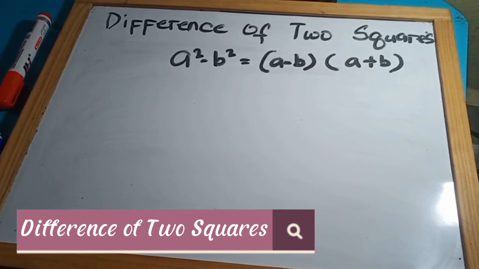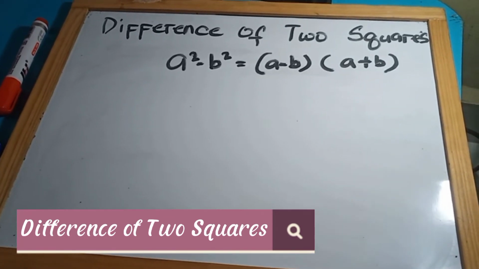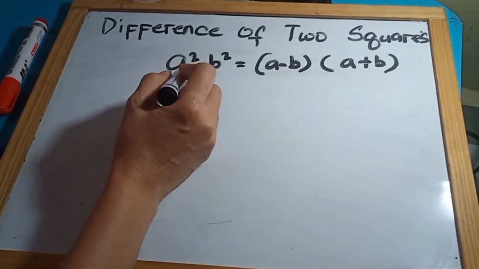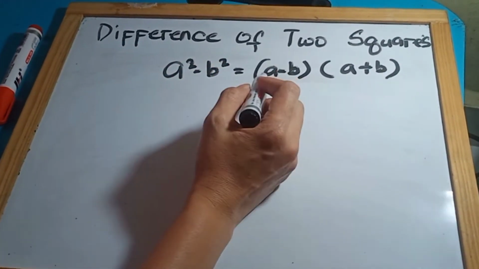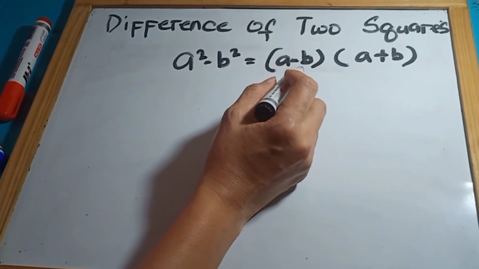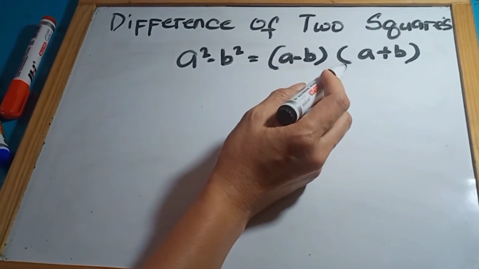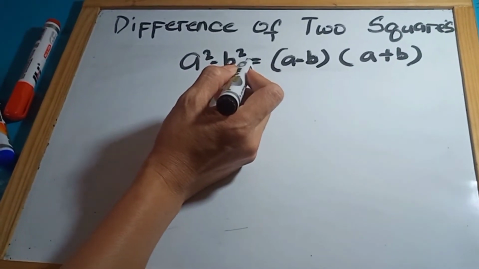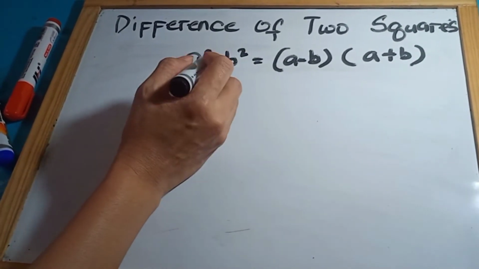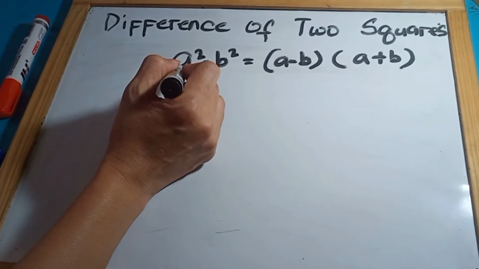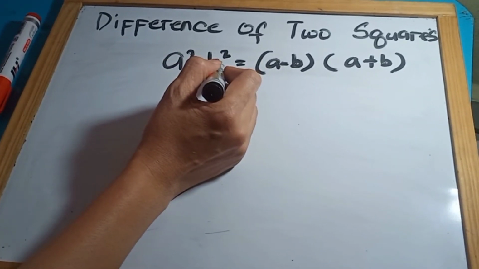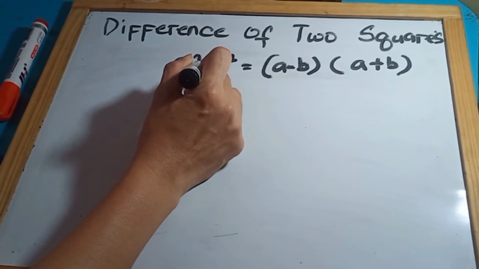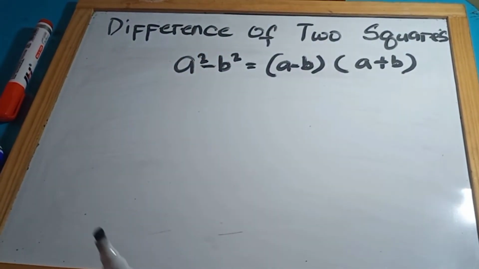Alright, so let's now proceed to the difference of two squares. So, yung formula ng difference of two squares is a squared minus b squared is equal to a minus b times a plus b. So, paano natin malalaman na it is a difference of two squares? Kapag yung first term has a perfect square, and also yung last term has a perfect square, and yung kanilang operation in between is negative.